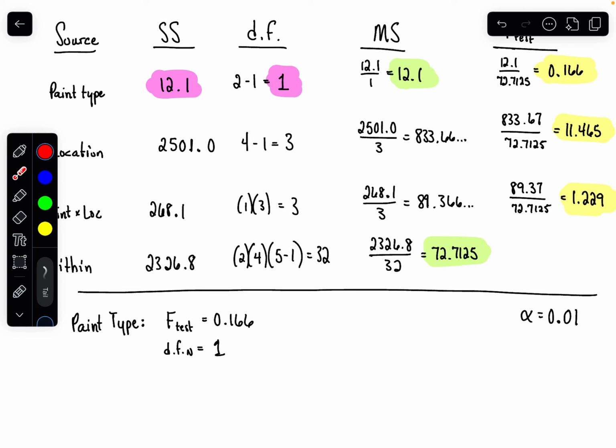The degrees of freedom of the denominator then, well, the denominator, 72.7125, came from the within. So the degrees of freedom of the denominator is 32. Now, that gives us a very slight issue because the tables tend to go directly from a degrees of freedom of 30 to a degrees of freedom of 40 for the denominator.